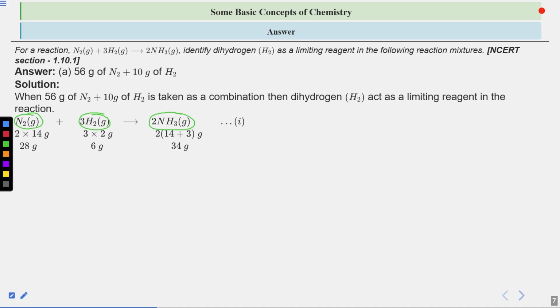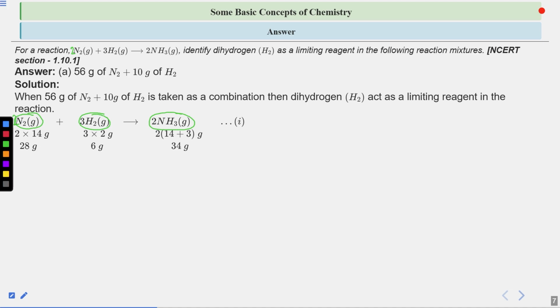For N2, the molar mass is 14, but we have to multiply it by 2 to balance it. In the next part, we will multiply H2 by 3 because 3 moles are present. So it will be 2 NH3 here and 2 N2 here.